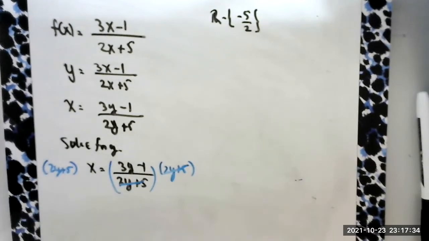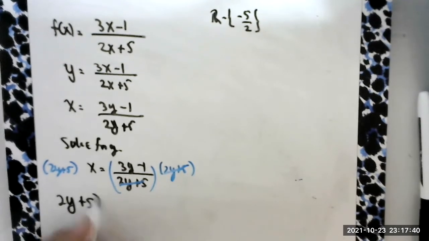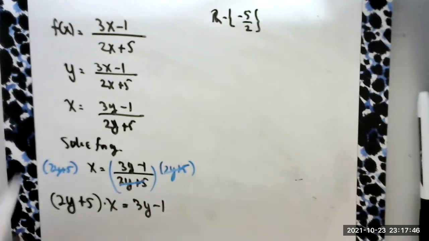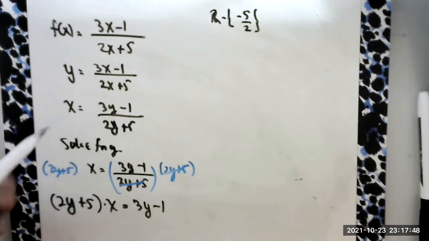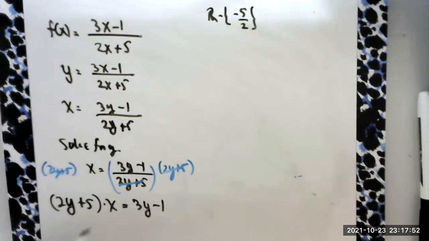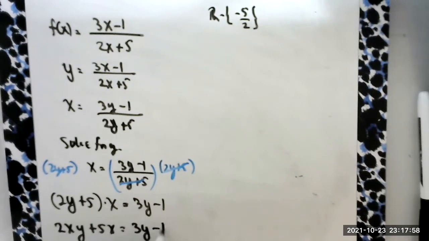So 2y plus 5 over 2y plus 5, that's bye-bye. So I have (2y plus 5) times x equals 3y minus 1. So the first step, LCD. The second step, distribute. Break this parenthesis. So I have 2xy plus 5x equals 3y minus 1.